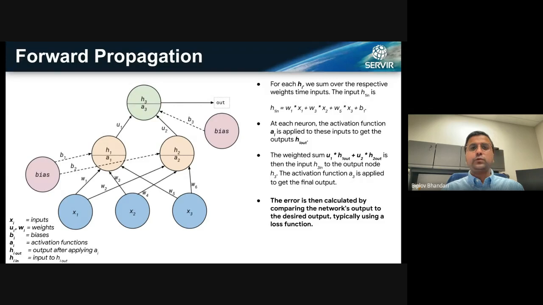So the network will compute the error by comparing its output with the desired output, and that's usually done using a loss function. We'll look at what those loss functions could be. So this is a basic concept of how the data flows across these different layers through thousands of these neurons.